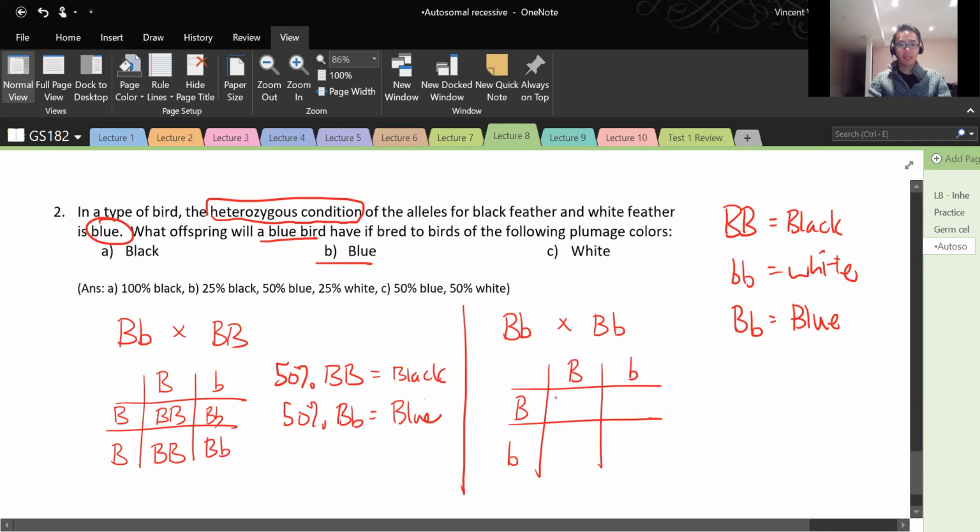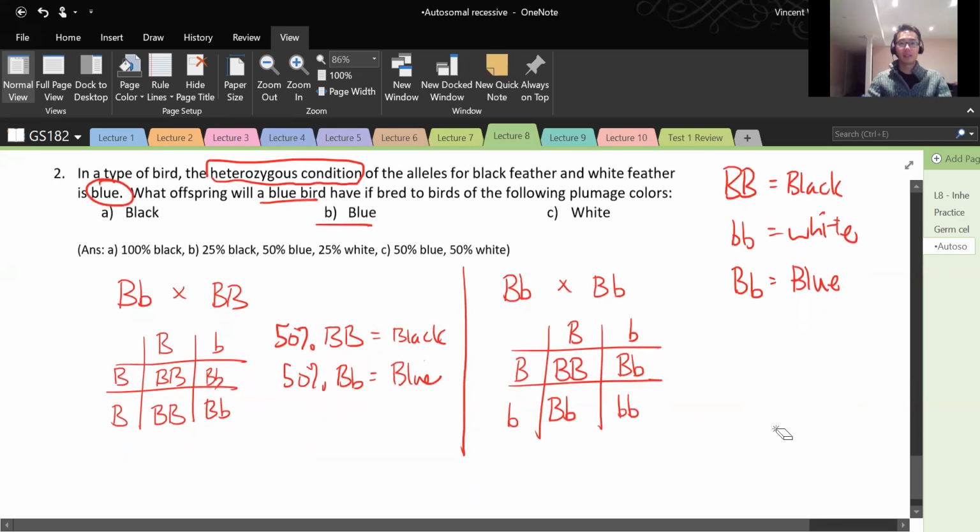So big B with big B, it's going to be like this. Big B, small b. Big B, small b. Small b, small b. So 25% chance, big B, big B, which is black. 50% chance, big B, small b, which is blue.